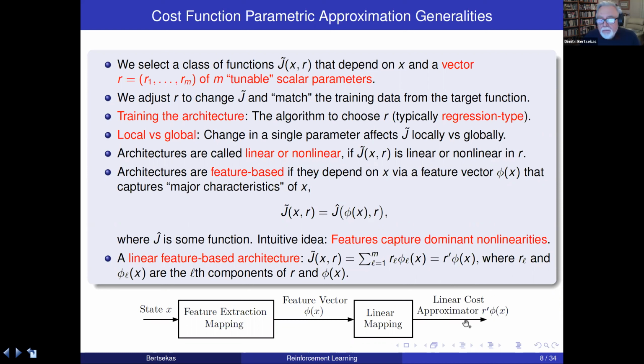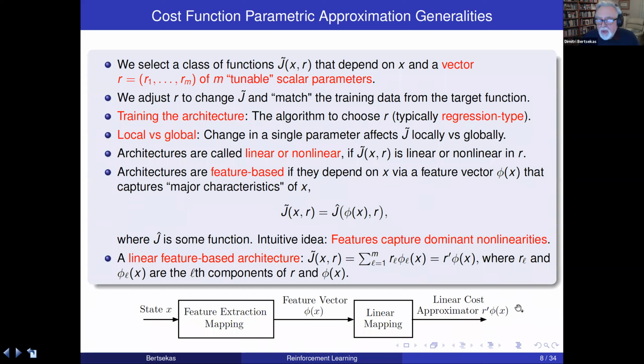And here is an illustration of a linear feature-based architecture. Given a state, we pass it through a feature extraction mapping that calculates the feature vector, these M numbers corresponding to the state X. These M numbers, the feature vector, are fed into a linear mapping involving the parameter vector R, and out comes this expression, which approximates the target cost function.